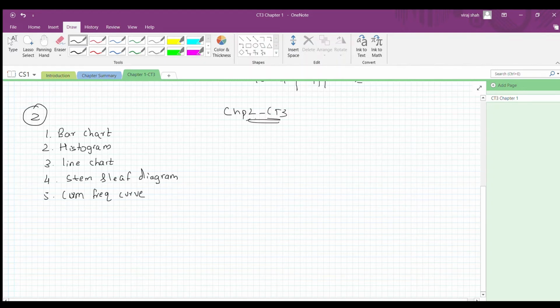It is not included in this chapter. However, we'll just observe what the different types of data are, and we will just observe these two charts, that is the bar chart and the histogram. The rest of the diagrams would be observed in chapter 2 of CT3: cumulative frequency curve, box plot, and so on.